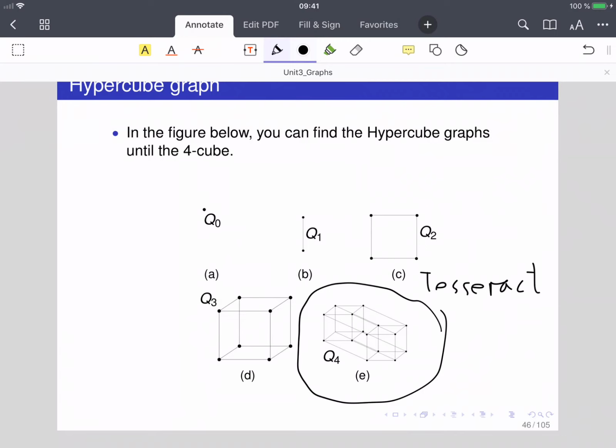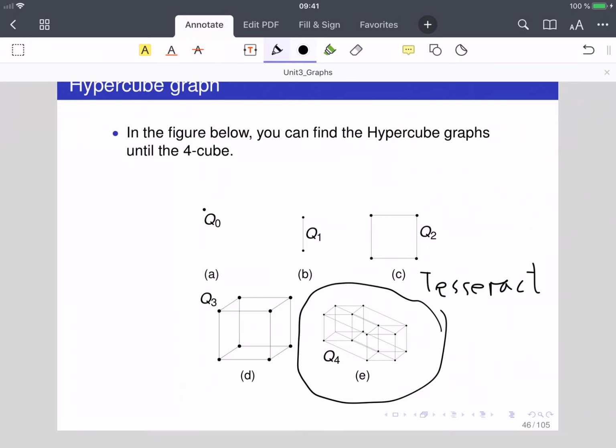It's a name that appears in, for instance, some popular movies that you may have seen. Okay, so this is what we call the four-dimensional cube, the hypercube, or the tesseract. And then if we make two copies of Q4 and we connect the corresponding vertices, we obtain Q5, and so on.